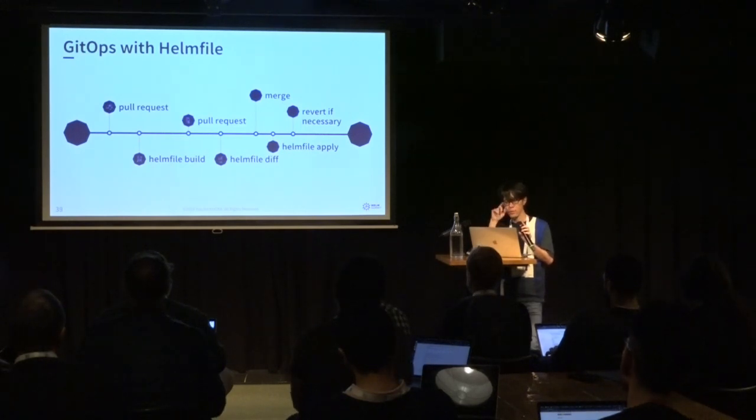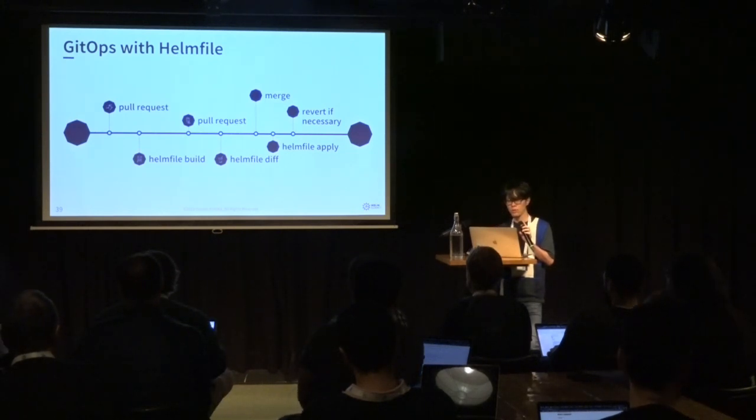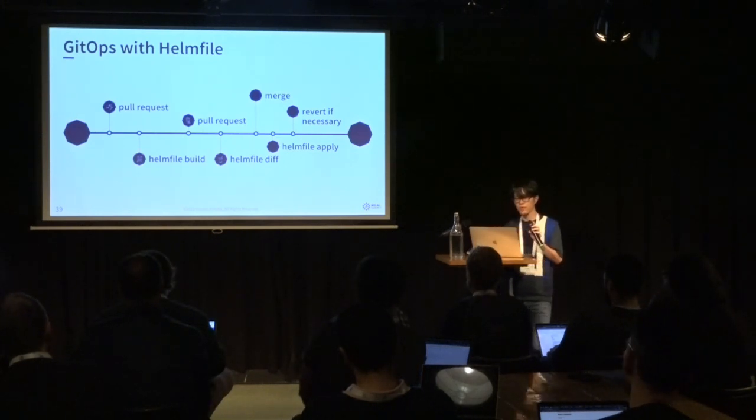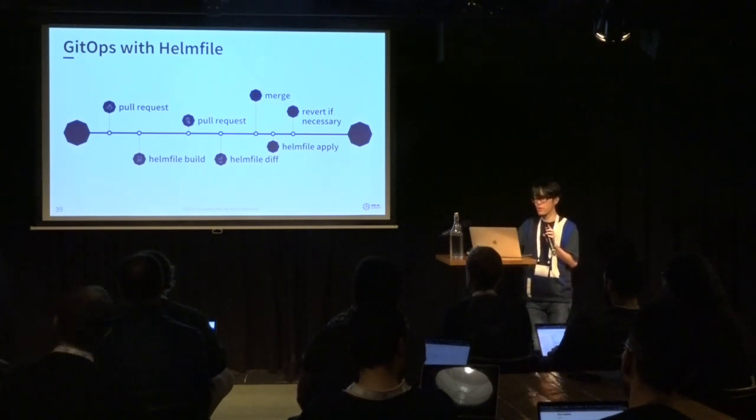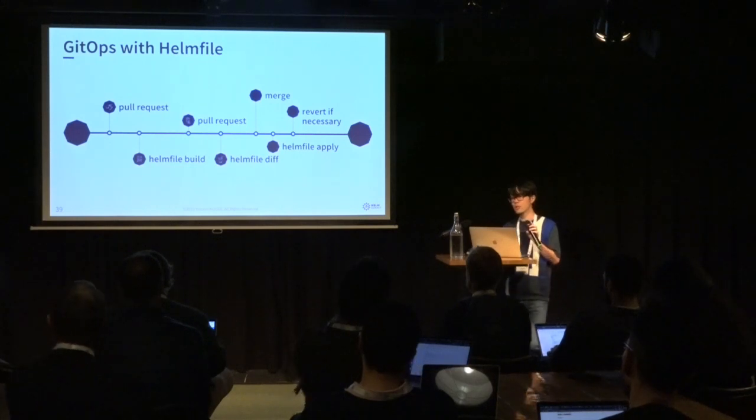Okay, so if you build a GitOps pipeline with Helmfile, the process looks like this. You send a pull request, and the CI pipeline runs a Helmfile build, and it commits the resulting Helmfile YAML into feature branch.